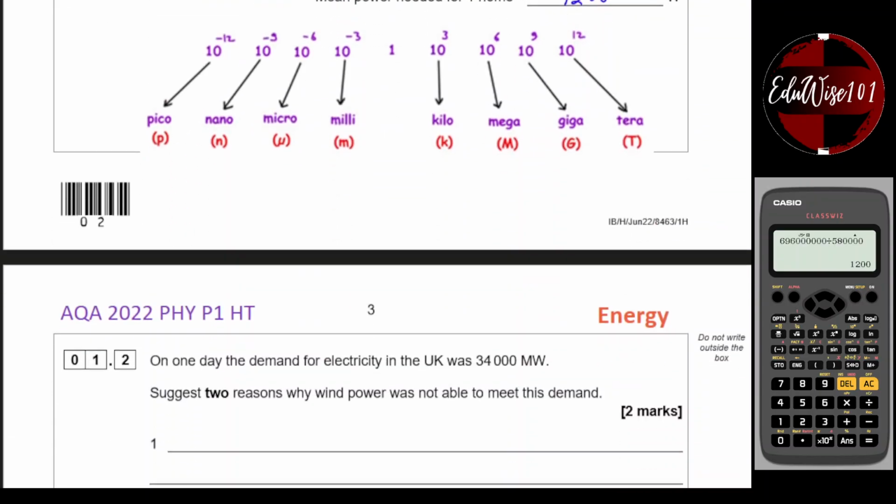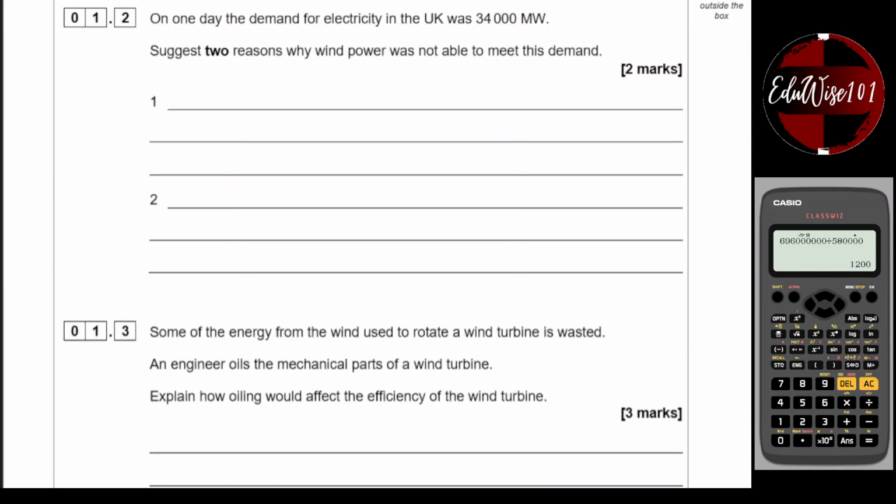Now, next question, or question 1.2. On one day, the demand for electricity in the UK was 34,000 megawatts. Suggest 2 reasons why wind power was not able to meet this demand. Now, they're basically asking for the disadvantages of generating electricity from wind turbines.